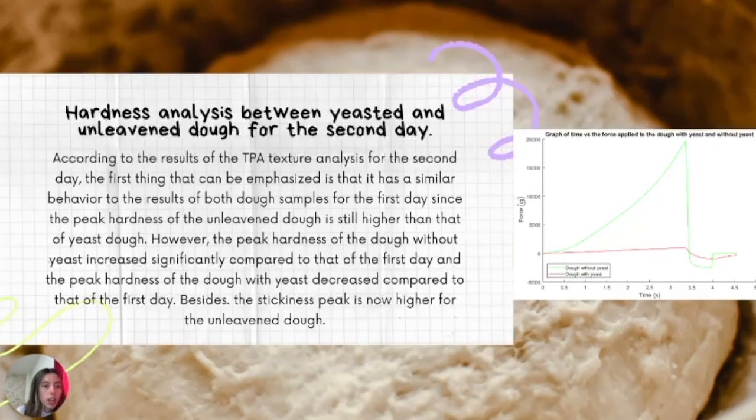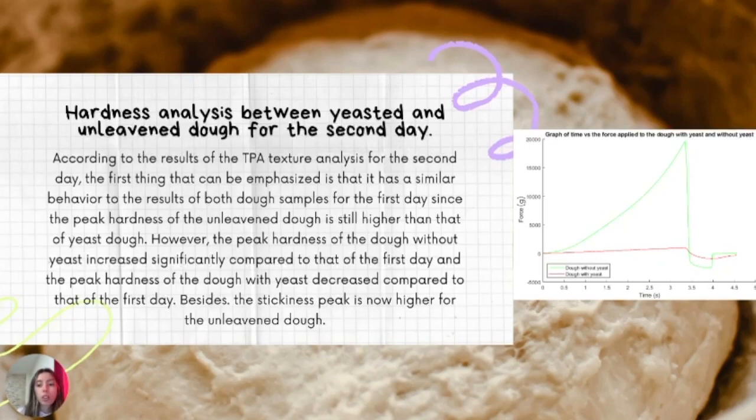For the second graphic, we can see that according to the results of the TPA texture analysis for the second day, the first thing that can be emphasized is that it has a similar behavior to the results of both dough samples for the first day, since the peak hardness of the unleavened dough is still higher than that of the yeast dough.